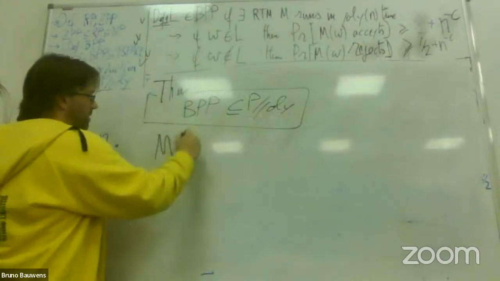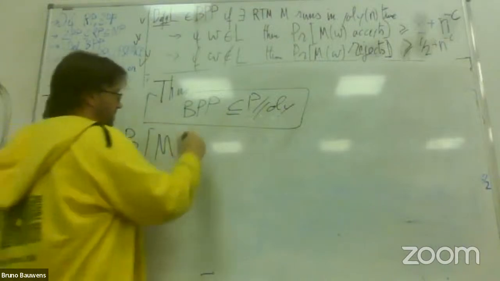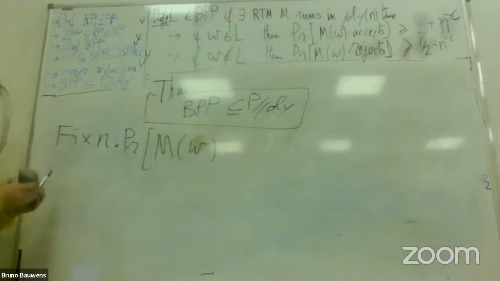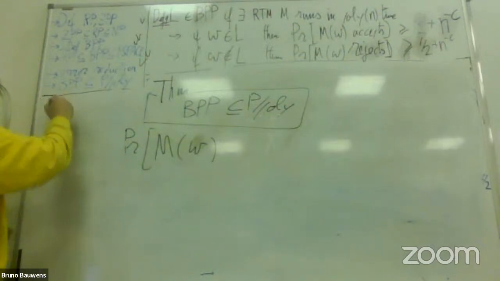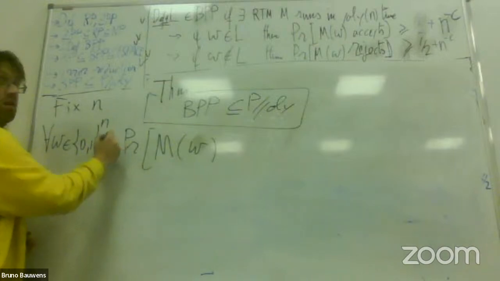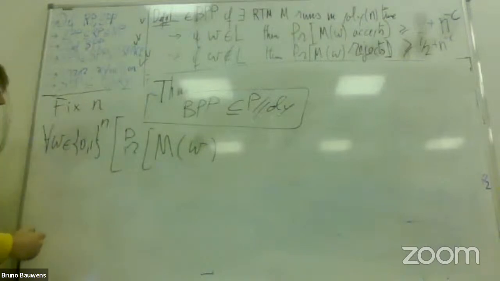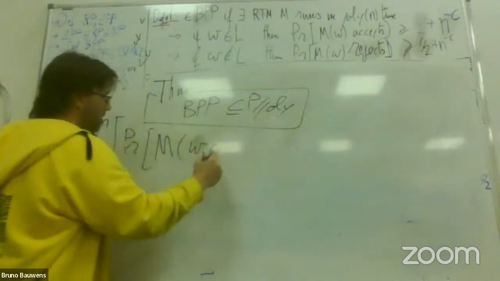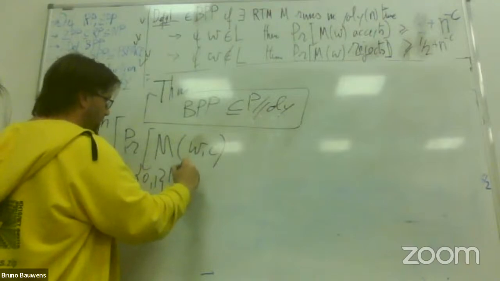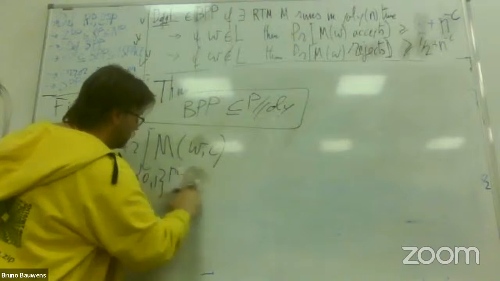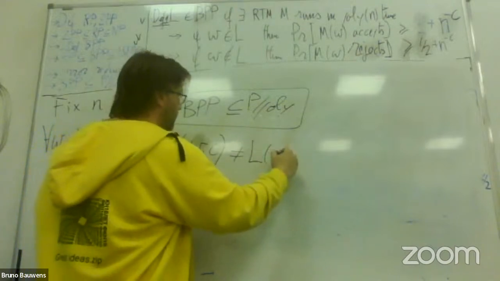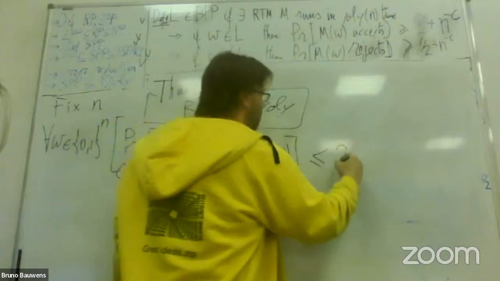Then assume a machine M such that for every W in {0,1}^n, the probability over a random certificate C in {0,1}^p(n), where p is the certificate length, that M gives an answer different from the language is smaller than 2 to the power minus 2n. That's how we use the certificate definition.